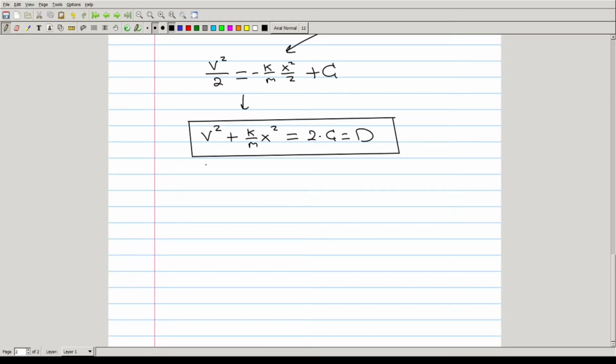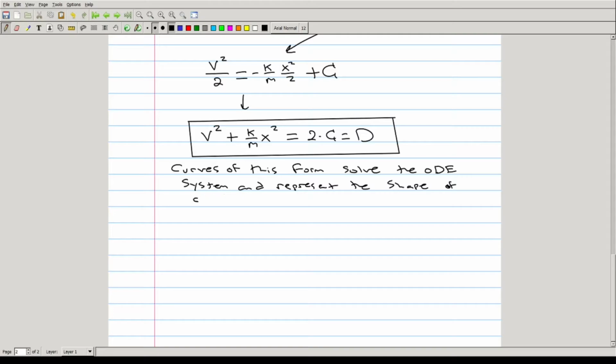The idea is that these curves are, for the differential equation system that we just wrote down, the form of the solution curves in phase space. And these are ellipses.